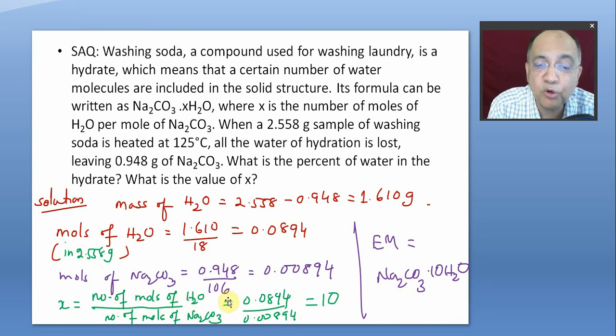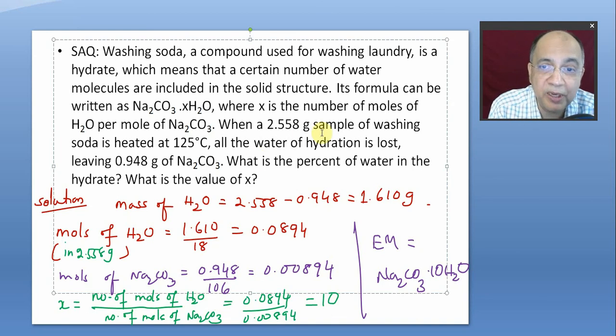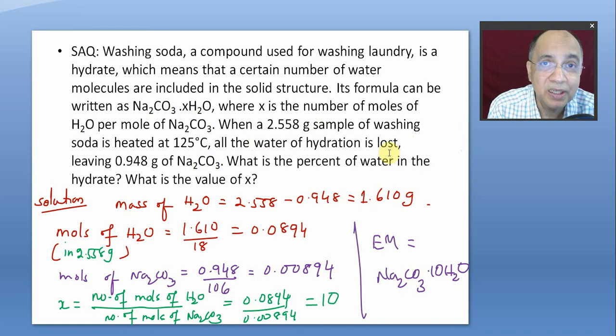So the number of moles of water present in one empirical formula unit, of course, in 2.558, but the ratio will be the same, whatever the case. Masses may be different, but the empirical ratio will be the same. So this ratio will give you 10. Exactly. We are lucky that we need not round off, it is coming 10. So the formula is Na2CO3.10 water.